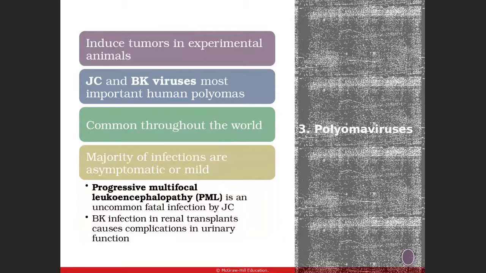The polyomaviruses can also cause diseases called JC and BK viruses. JC and BK are actually the abbreviations of the first patients that had this kind of viral infection.